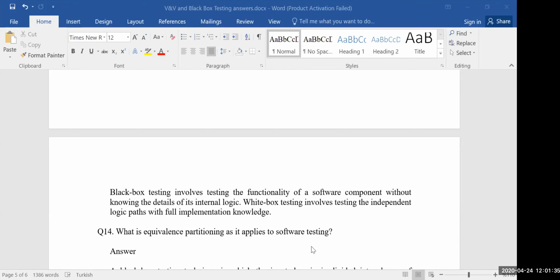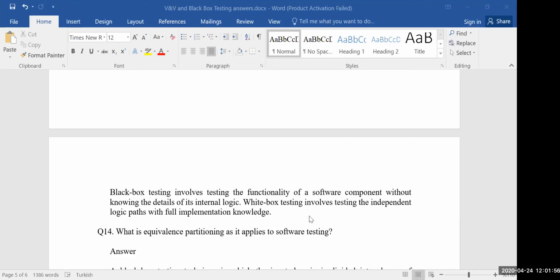White box testing involves testing the independent logic paths with full implementation knowledge. In the white box testing problem session, probably next week, we will cover some questions.